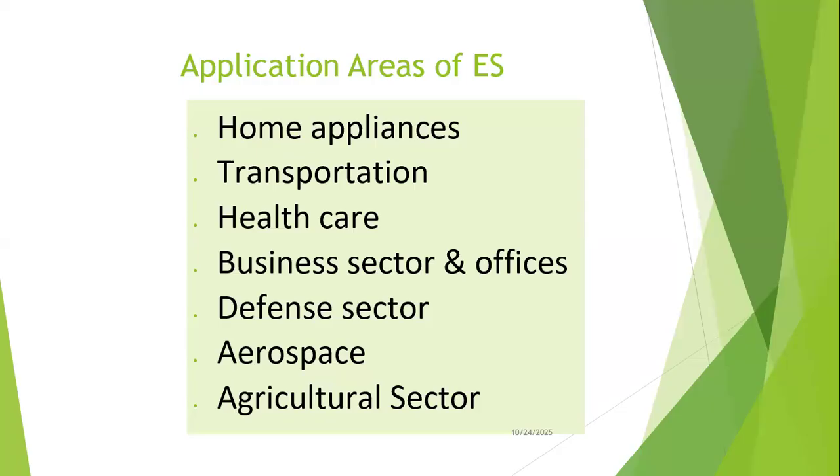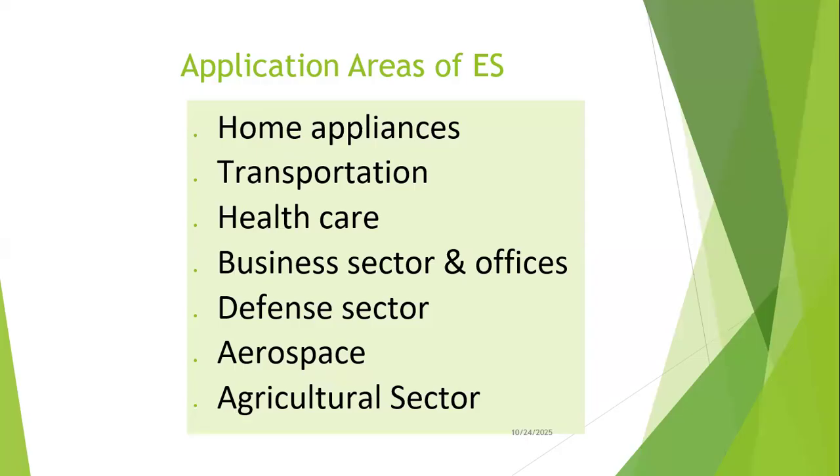So, business sectors and offices. In fact, some of this artificial intelligence functions well through the help of what? Embedded system. Because all these systems are developed, maybe you develop a software and then you package it.